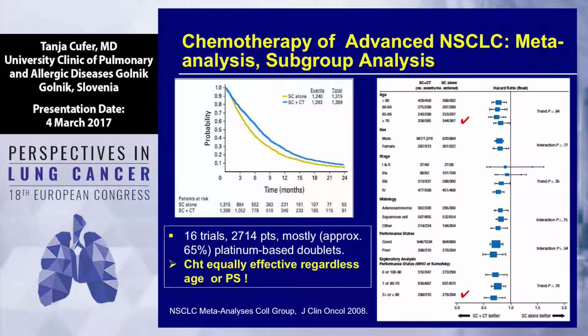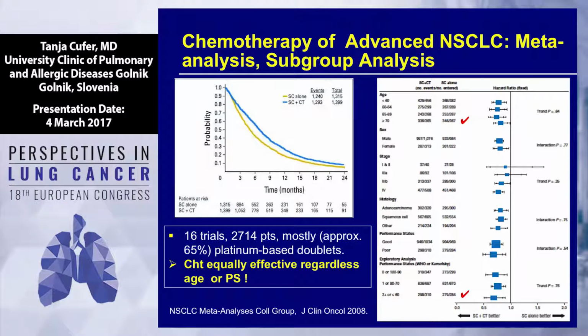Chemotherapy improves survival equally in elderly patients and in younger patients, and in patients with performance status 0 or 1 or higher. But of note, in this meta-analysis, chemotherapeutic schemas with platinum as well as monochemotherapy were included.